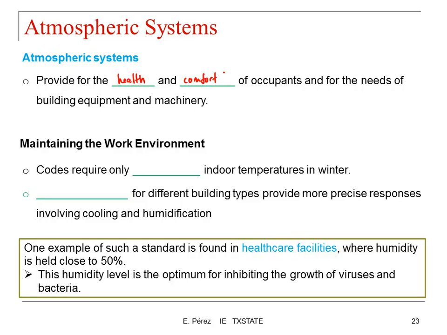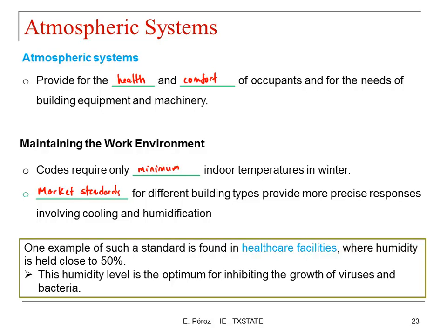Maintaining the work environment, there are some codes that you need to follow. Codes require only minimum indoor temperatures in winter, and market standards for different building types provide more precise requirements involving cooling and humidification.